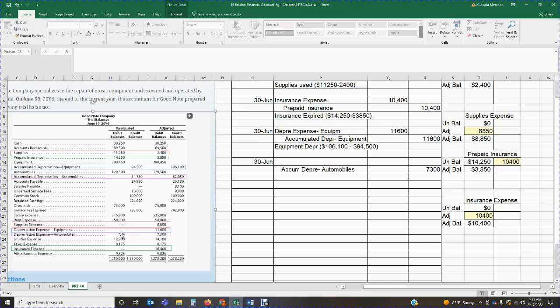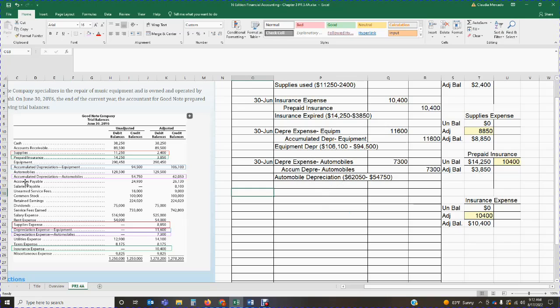So we're going to debit depreciation expense automobiles for $7,300. That is 62,050 minus 54,750, our adjustment for the automobile depreciation.